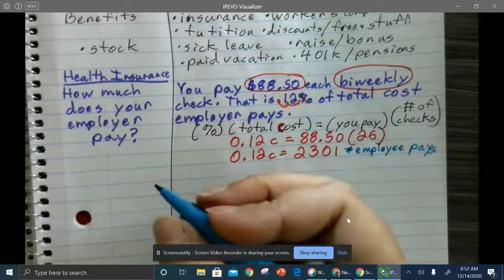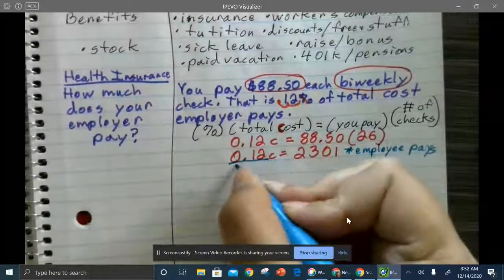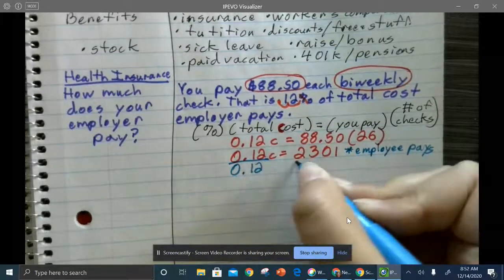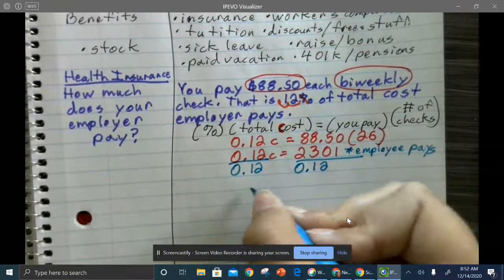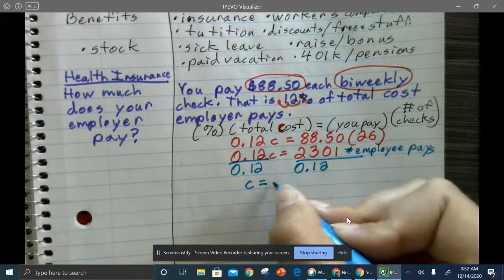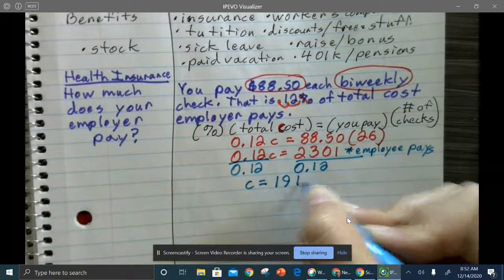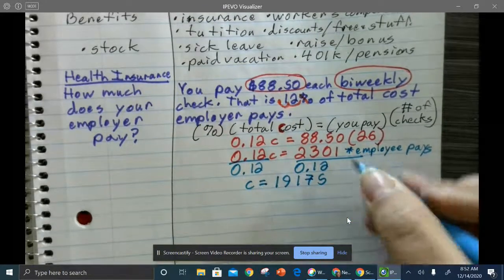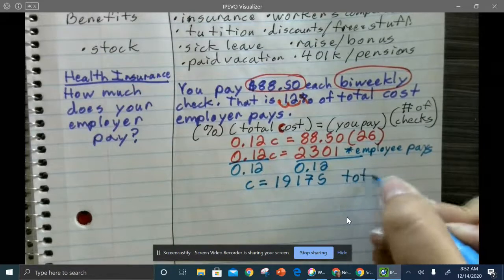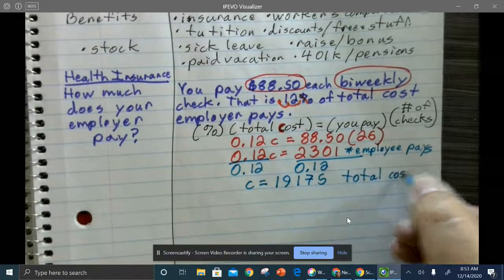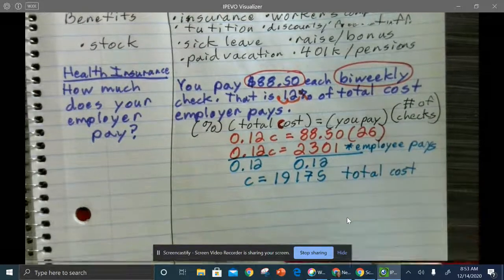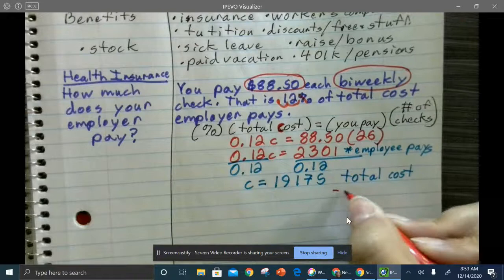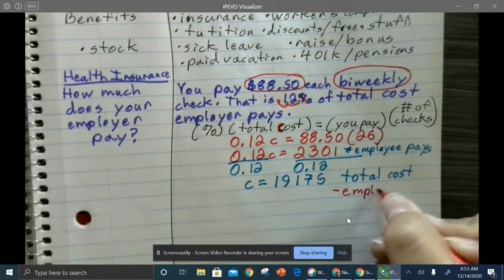Okay, so we're going to divide by 12% as a decimal. Okay, and so our total cost is $19,175. Okay, so everybody, this is the total cost. Minus what the employee pays.